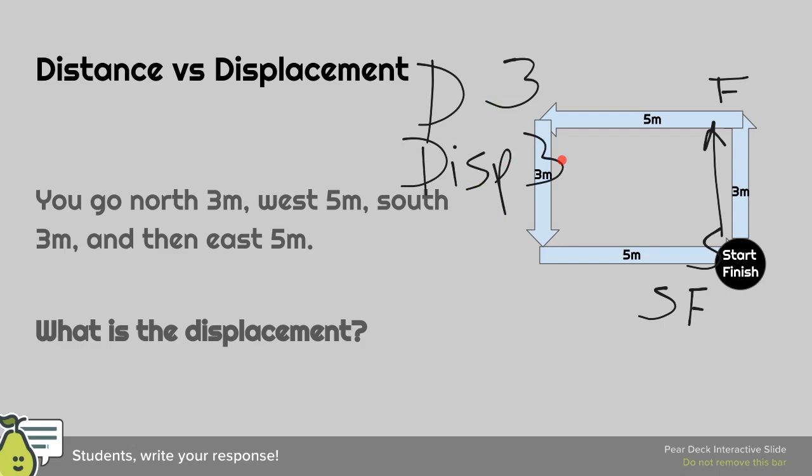So it's possible for my distance and displacement to be the same. But it's also possible for the distance to be a number and the displacement to be 0.